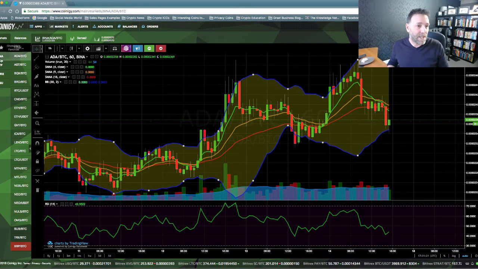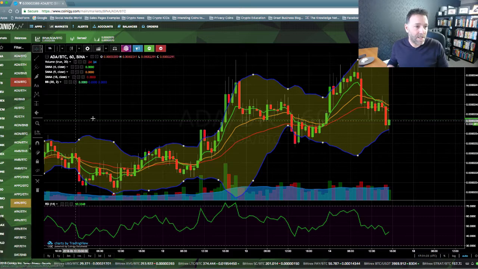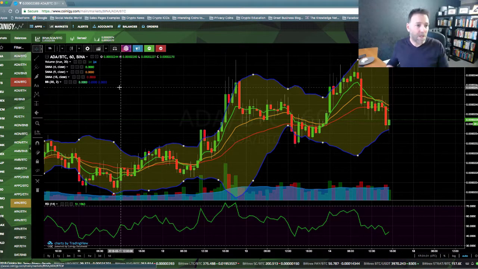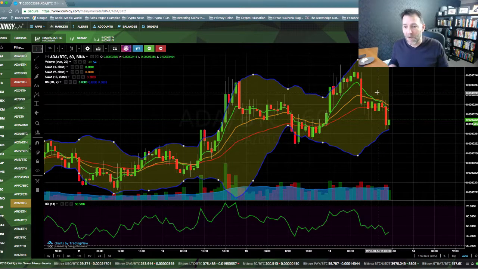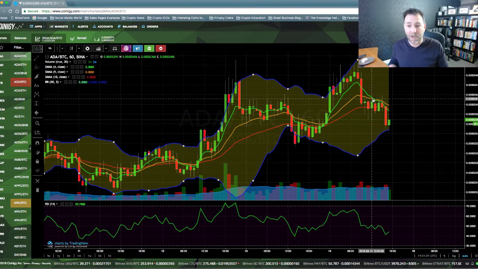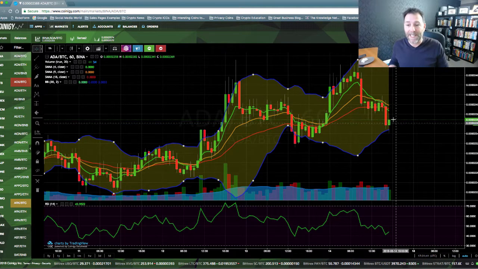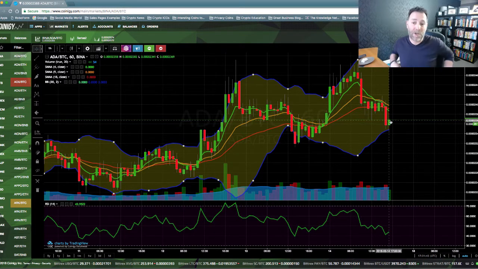Over in Coinigy, I've got a lot of starred ones, but we'll just quickly go down Binance and see a good trading setup. So first one is we've got ADA, which is Cardano. You can see here the 4 day has crossed down below the 9 day. It's also crossed down below the 18 day, so that's not a definite buying opportunity.